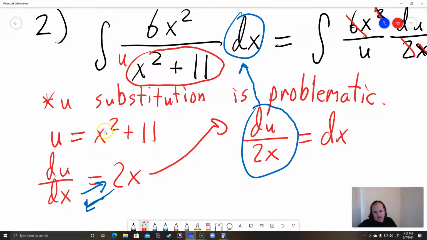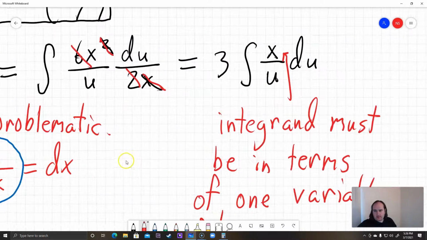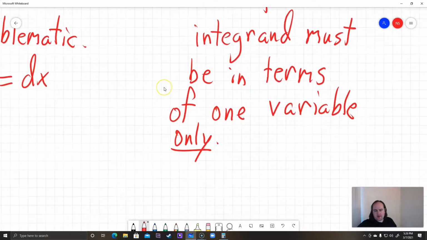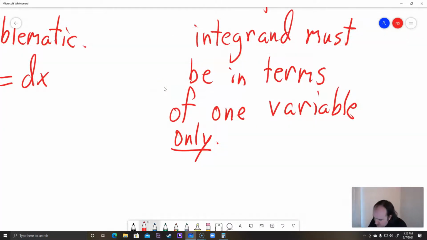So we would have x equals the square root of u minus 11. But then the problem there is you're going to have a square root of u minus 11 up here. So it's actually going to be even harder to integrate. So what all this tells us is that u substitution fails here.